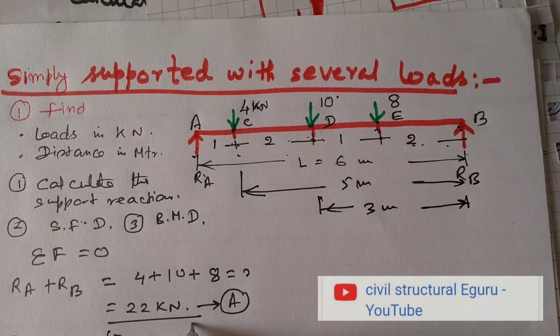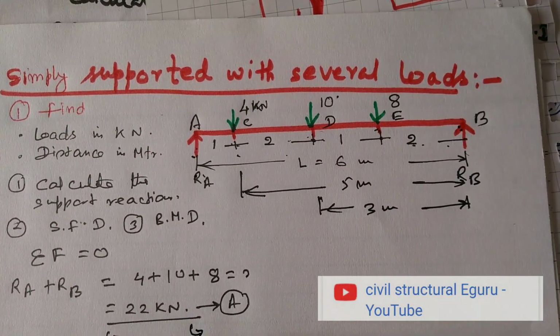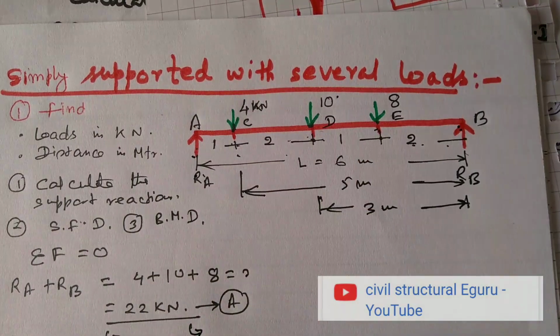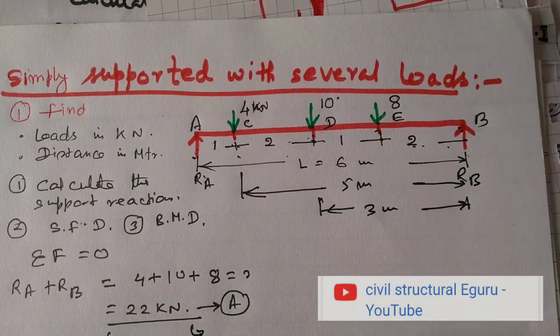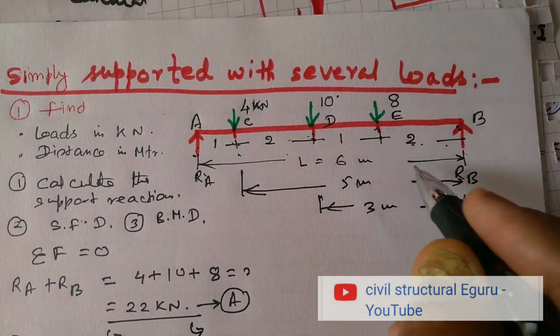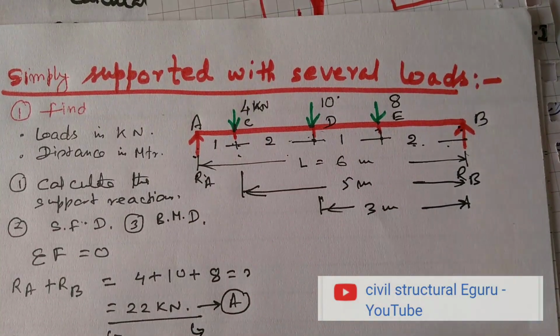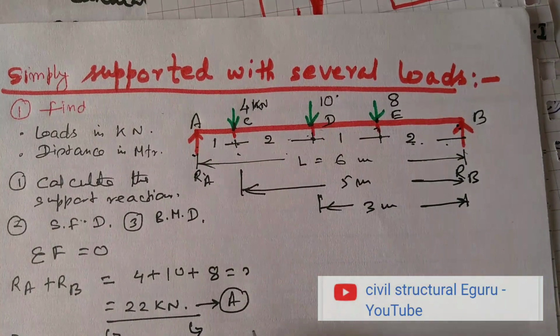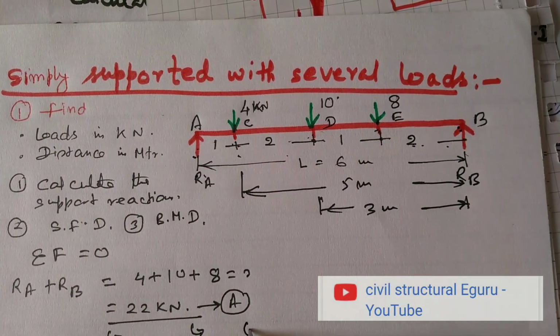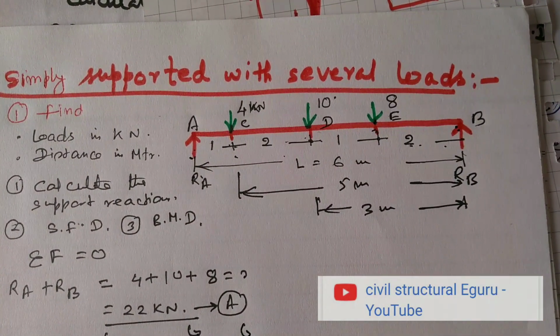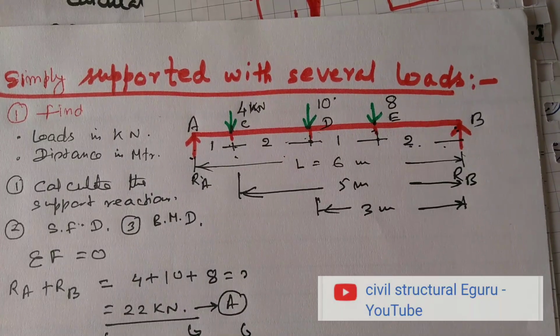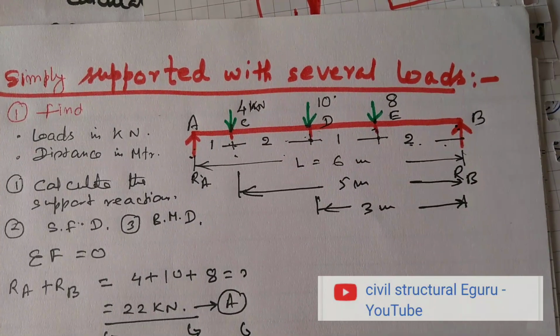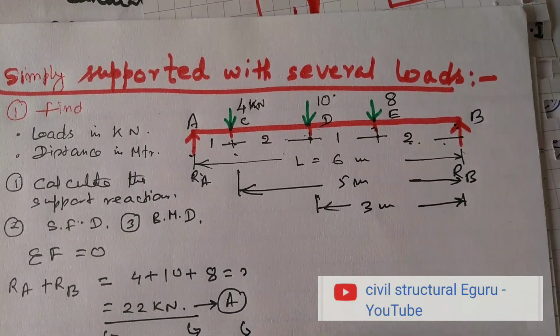This is again anti-clockwise, so it is negative. Force into distance, just multiply, 10 into 3. Again this force is remaining, it is also anti-clockwise, so it is negative, minus 8 into 2, and this equals 0.